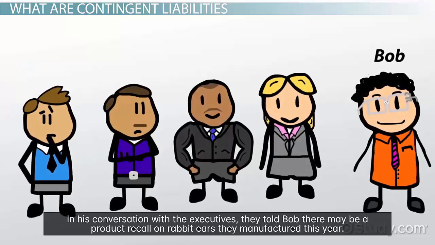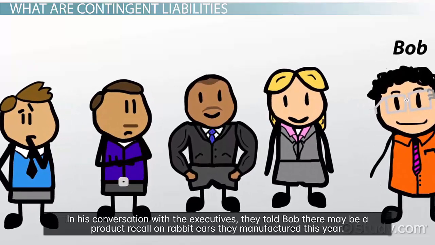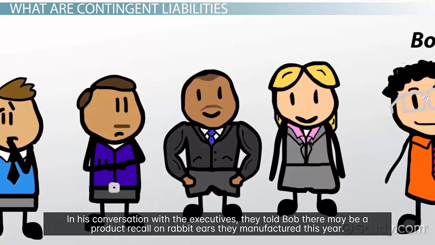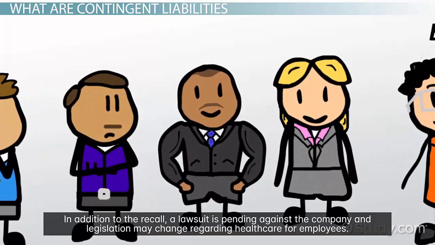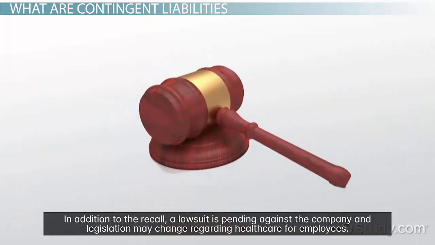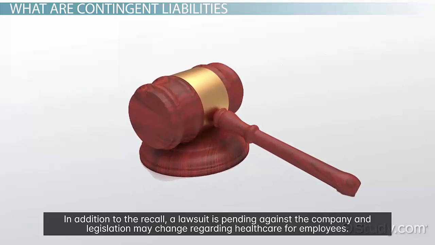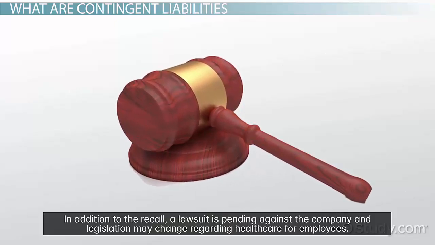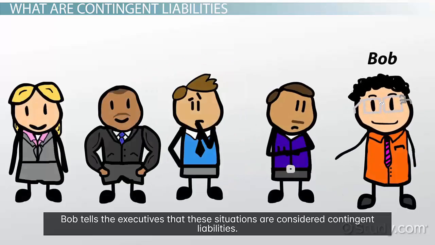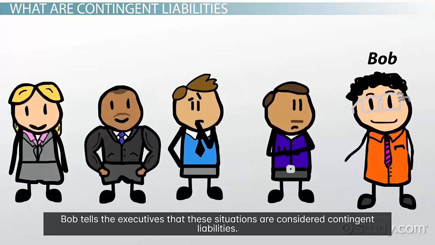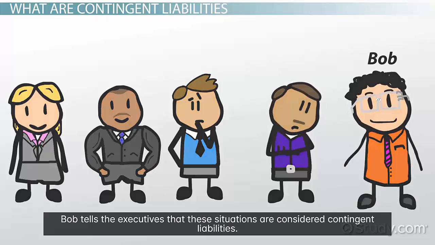In his conversation with the executives, they told Bob there may be a product recall on rabbit ears they manufactured this year. In addition to the recall, a lawsuit is pending against the company, and legislation may change regarding health care for employees. Bob tells the executives that these situations are considered contingent liabilities.